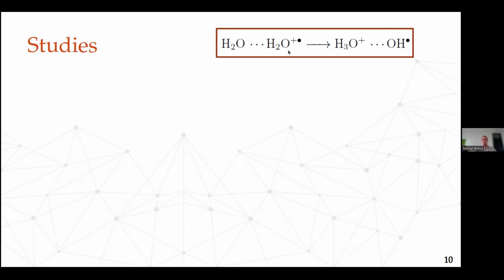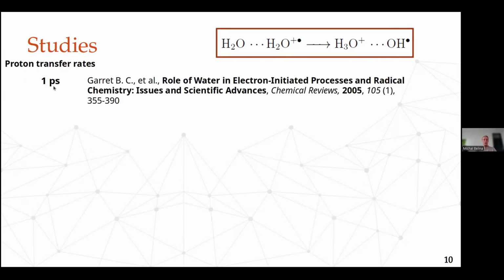We chose this water dimer as a playground, and after removing one electron, we created the H2O plus, and we were interested in what's happening and how fast the proton from the previously ionized water transfers to the other.